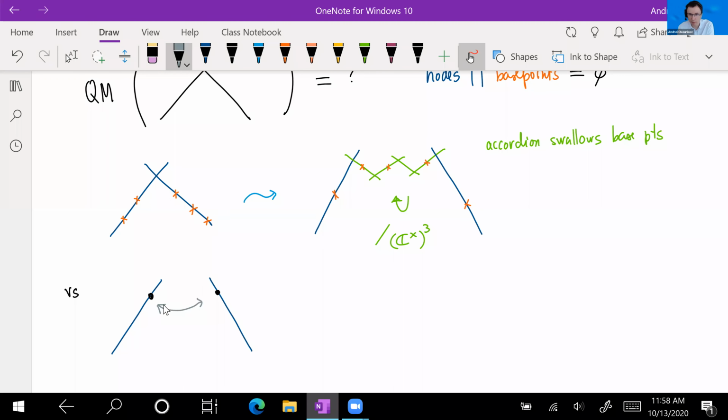And then what would be the result? Since it's a marked point, maybe call them P1, P2, and we would like them to be identified. It means you have to put the condition that they go to the same point. Well, what would that look like?